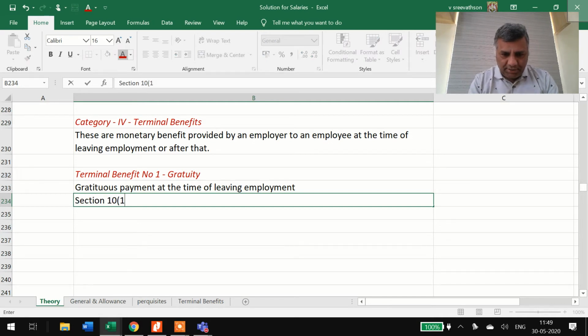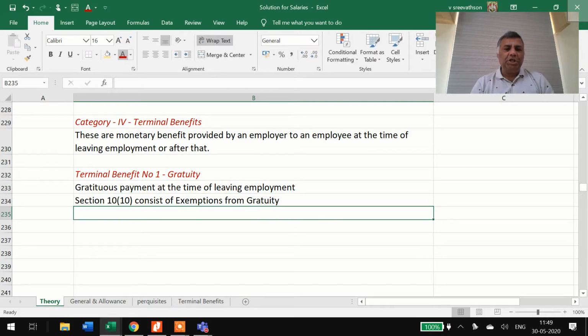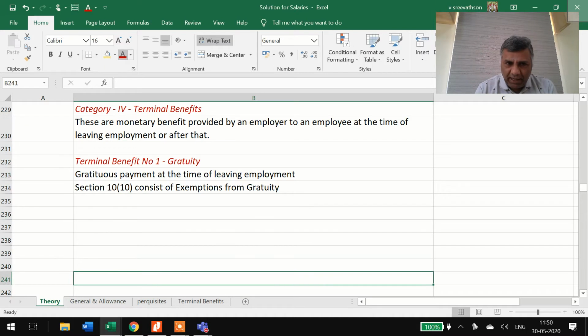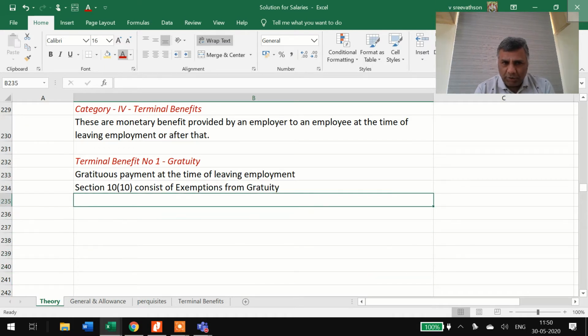Section 10(10) consists of exemptions available from gratuity.